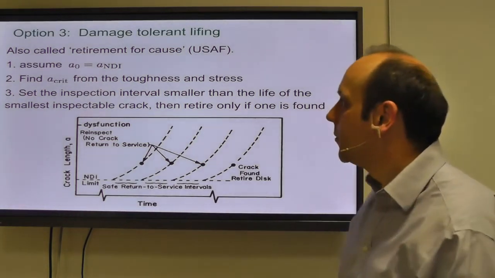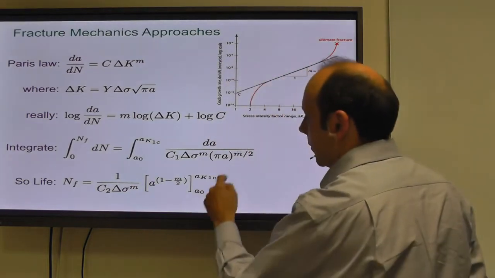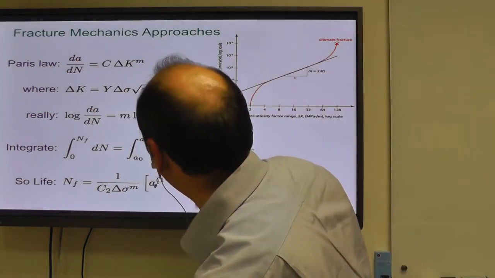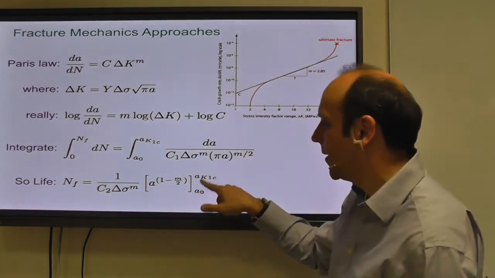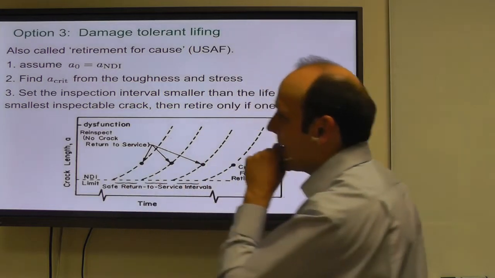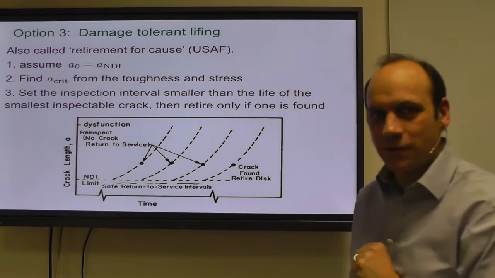So you can find the critical crack for fast fracture and find out how many cycles it would take you to get from the initial flaw size A_i to A crit. To get from there to there. And then that sets your inspection interval.